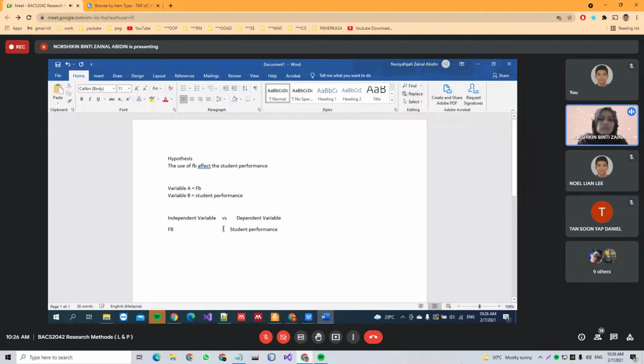So how to identify what is the independent or what is the dependent variable? So dependent variable, from the term itself, it's a variable that depends on other variables. That means the result of this variable depends on another variable. So from this example, the student performance is affected by FB.